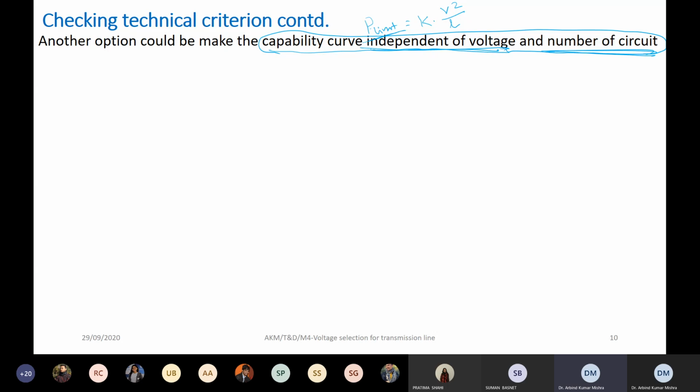Secondly, we also need to take care of the number of circuits, which is hidden, not written in the expression.